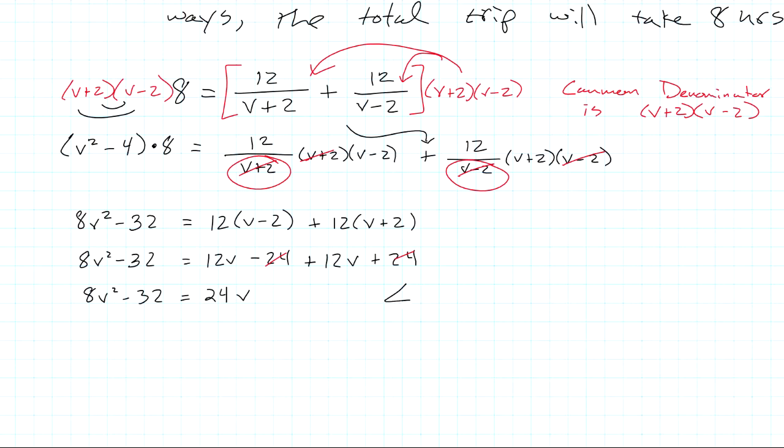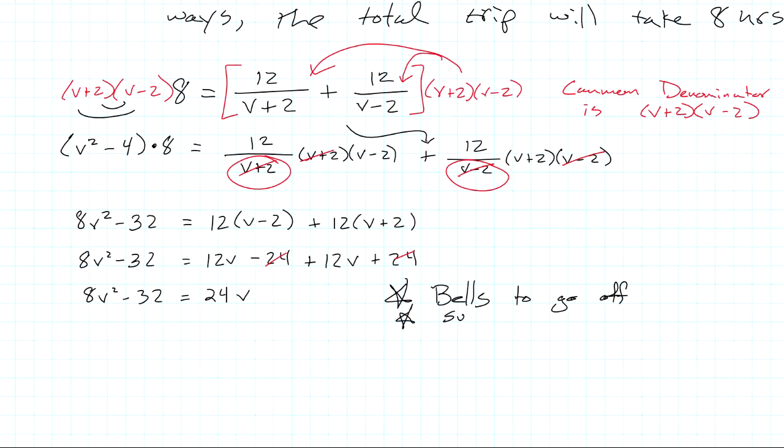And then we need some bells to go off. And specifically, we want to be recognizing that's a square right there, and that's a first degree. So we want to say, oh, we need to set this to 0.